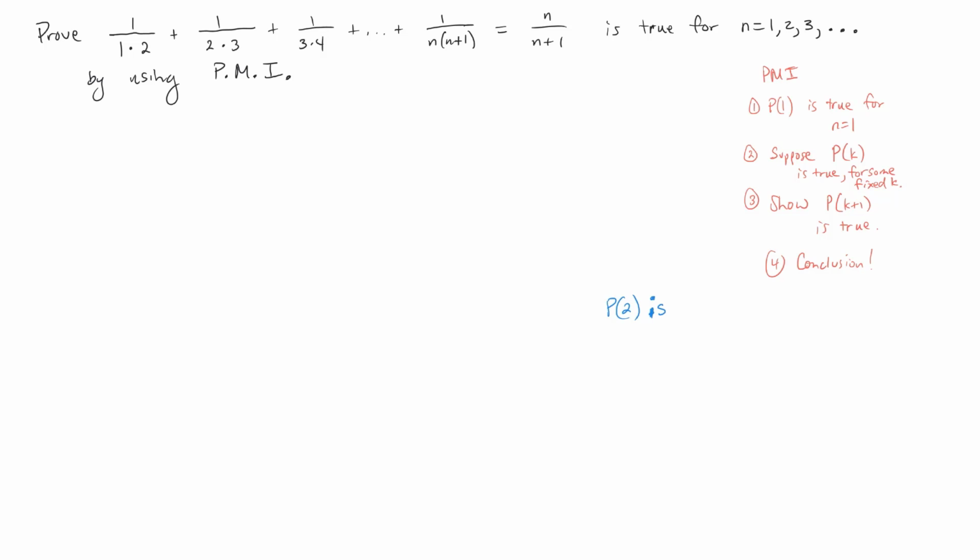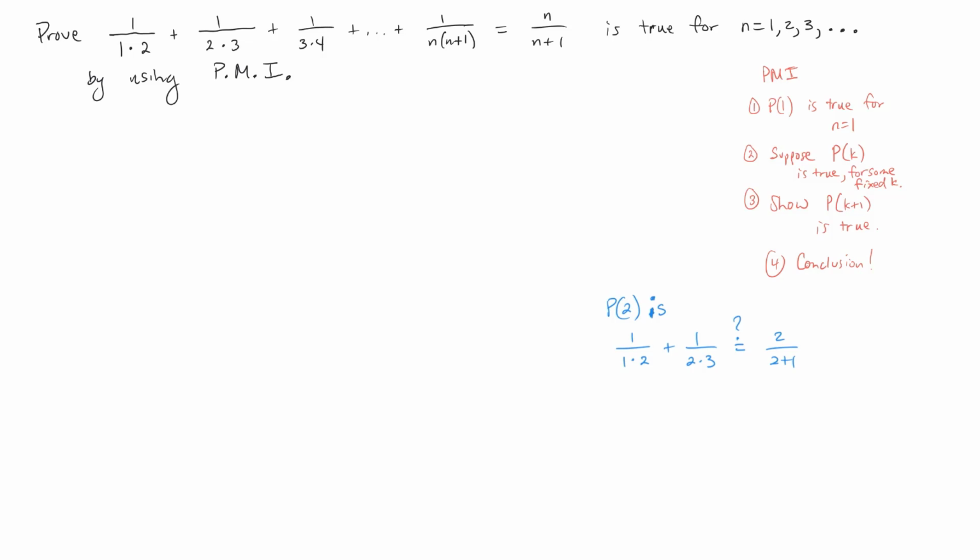Is the following statement true: 1 over 1 times 2 plus 1 over 2 times 3 is equal to, or is it equal to? Let's put a question mark there. Is this equal to 2 over 2 plus 1?